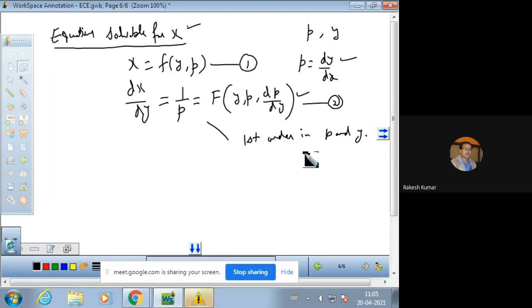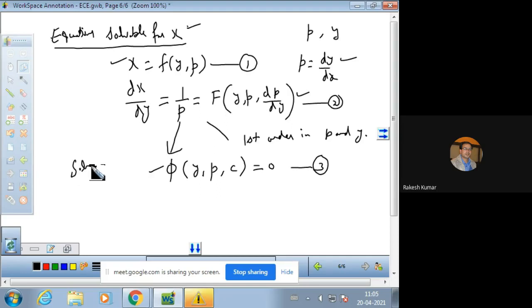Now, we suppose that the solution of this differential equation comes out to be a function of y and p and an arbitrary constant c. This will be the solution of the differential equation, equation 2.